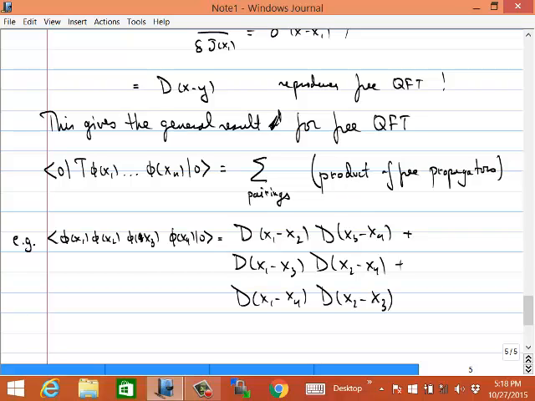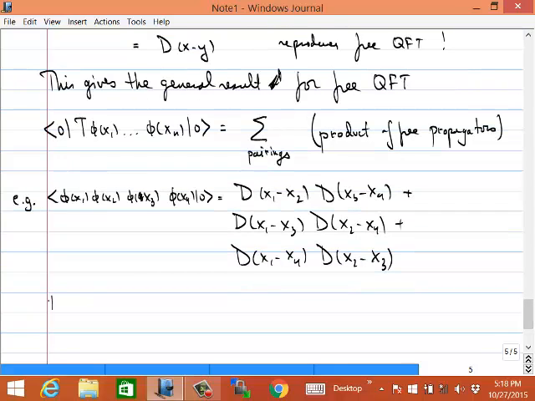And this is a result that is known as Wick's theorem, which is the statement that a general correlation function in a free quantum field theory is just a product of a bunch of free propagators.